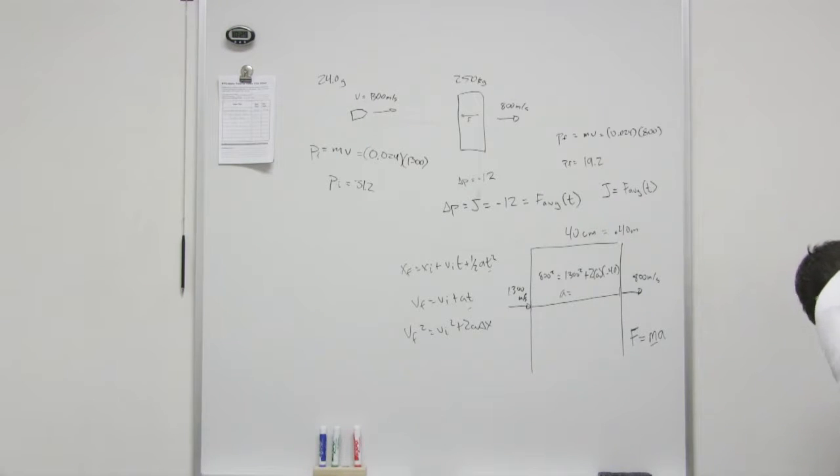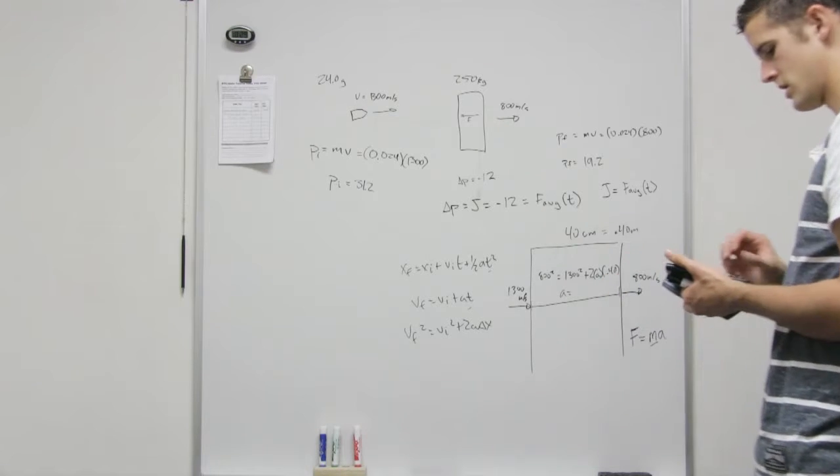And then after that, you divide by 0.4 and 2.